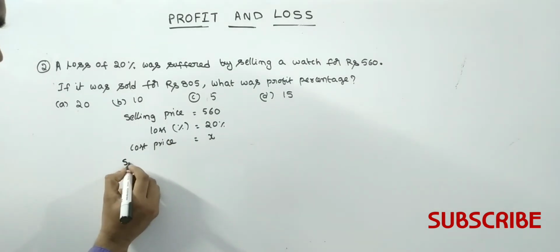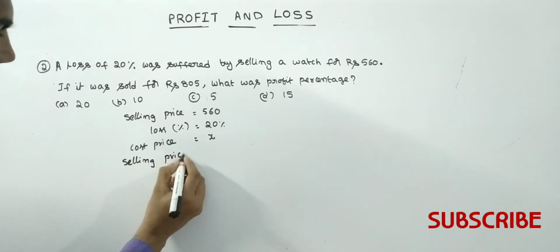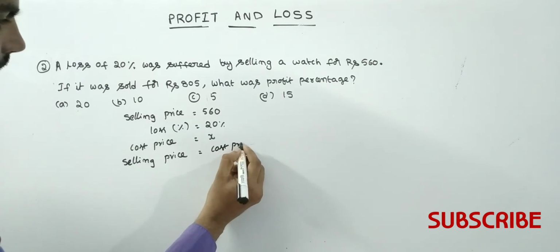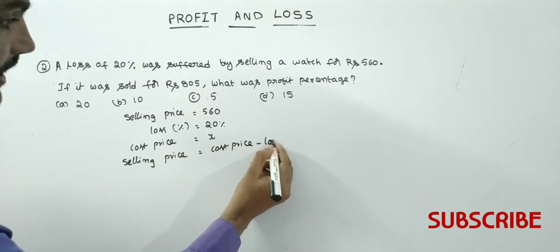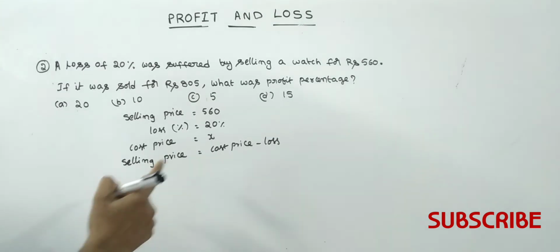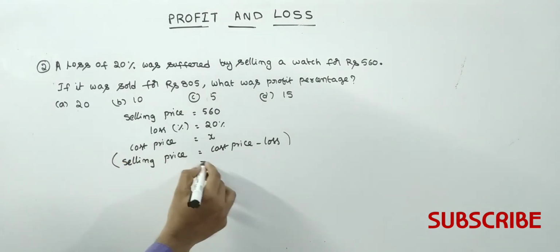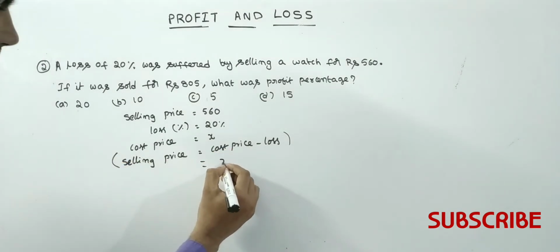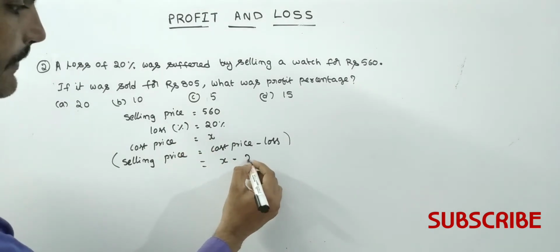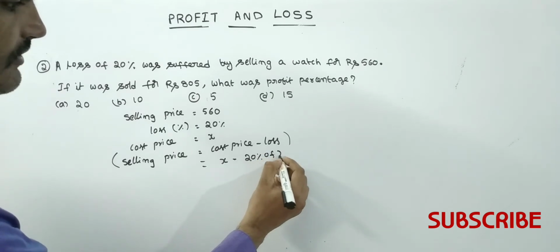Then see friends, selling price equal to cost price minus loss. Here cost price is X. Loss how much? 20% of cost price.